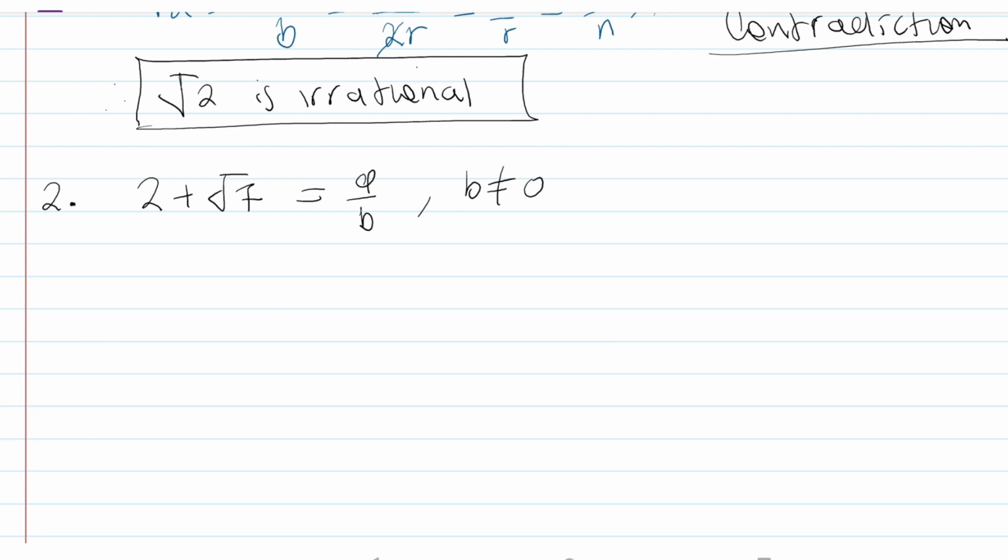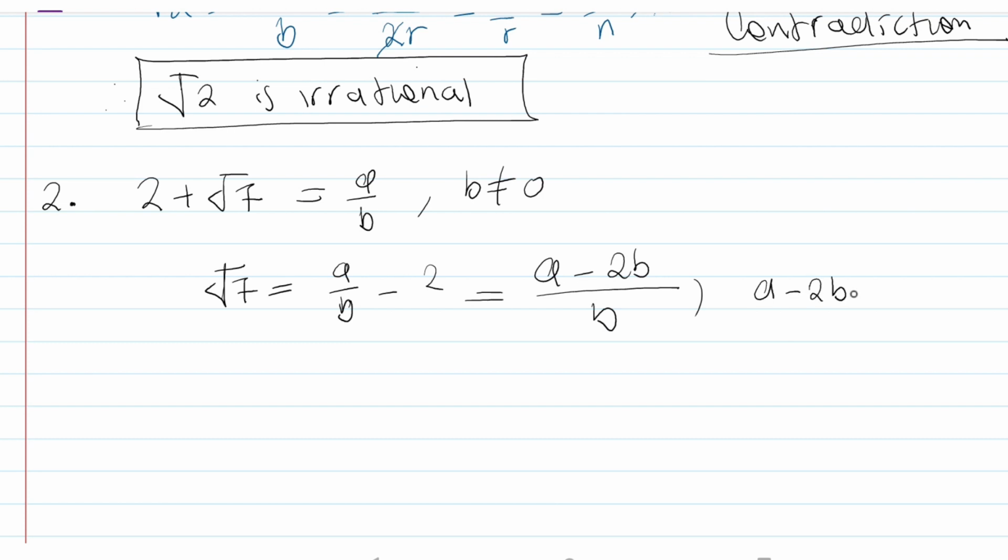All right. Now let us rewrite this. So we can write root 7 as a over b minus 2. This can be simplified as a minus 2b over b. We know that the sum of integers is also an integer. So a minus 2b is equal to r, where r is just an integer.